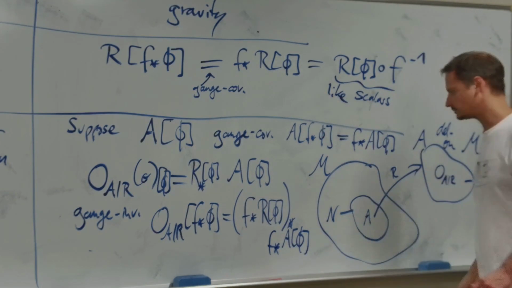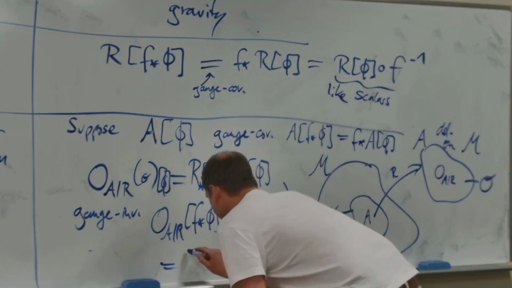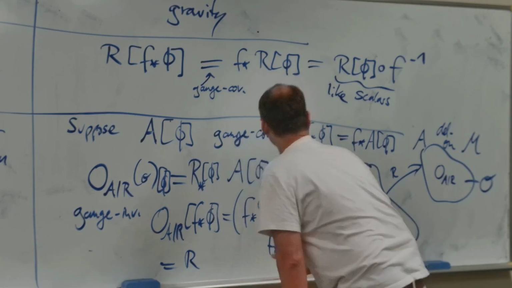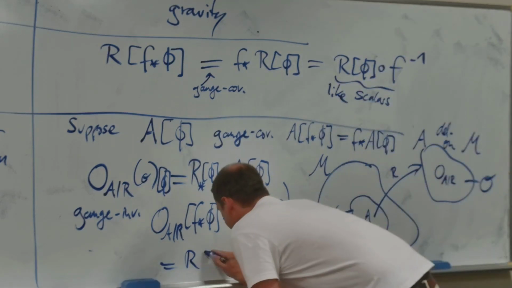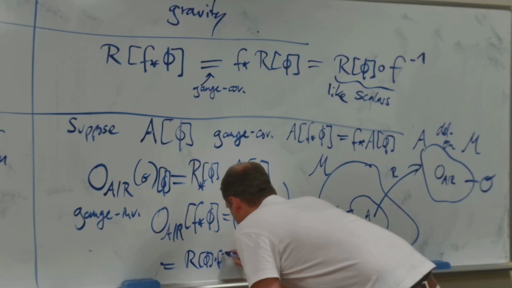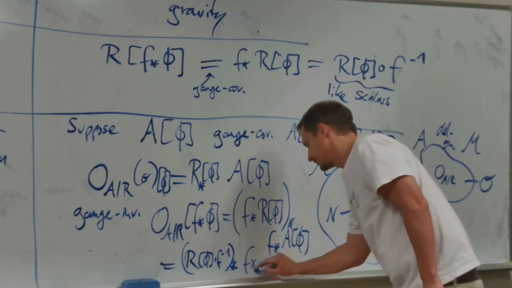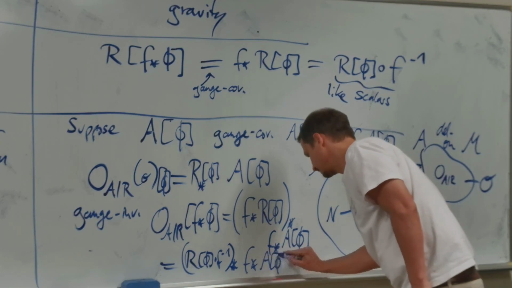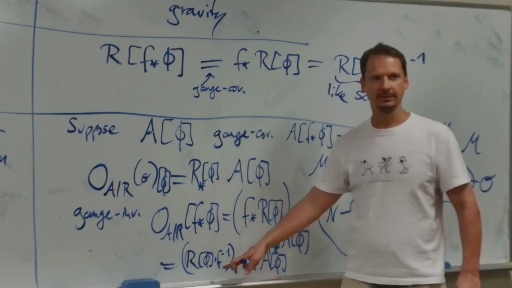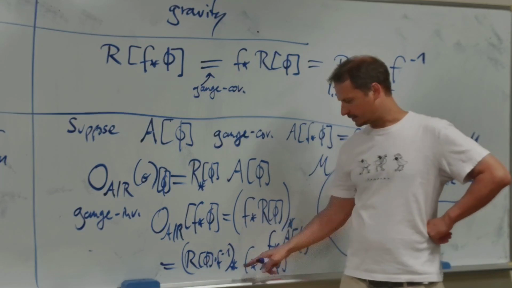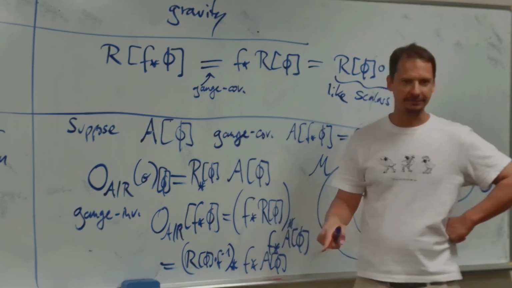Then, since R transforms like a scalar, we have phi F inverse push forward A. If you have two maps and the push forward factorizes, we get a push forward by F inverse, but the push forward by F inverse is the pullback by F, and that kills this F here.